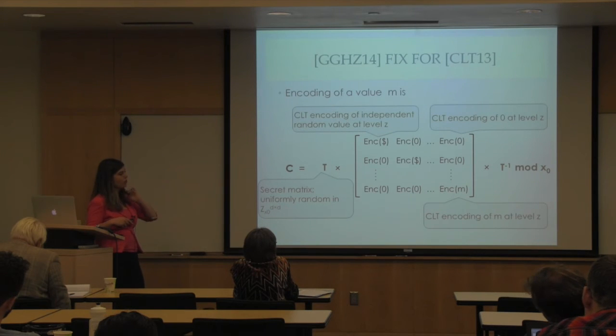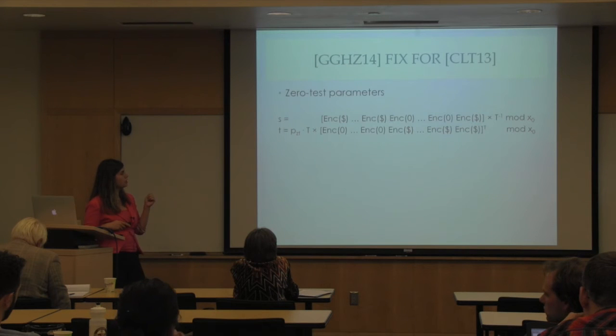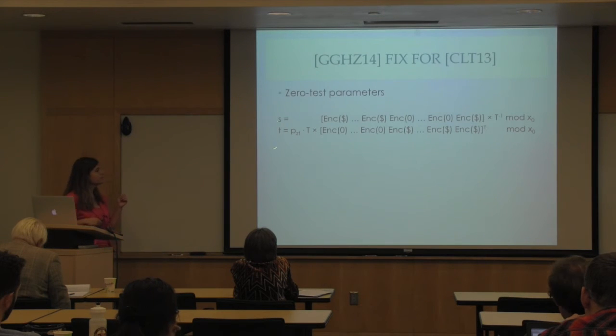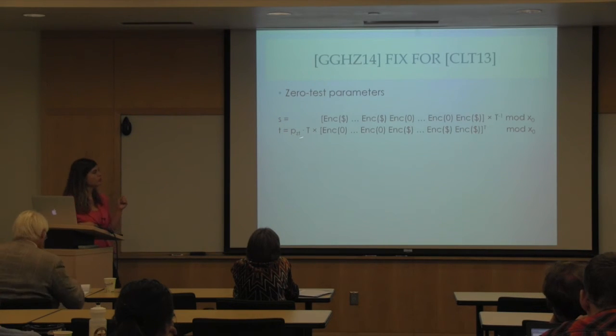Again, the goal is to avoid having at the end just a plain CLT 0 test. Now the 0 test will be extended in the following way. You will compute these 2 additional vectors of encodings, which are computed in the following way.